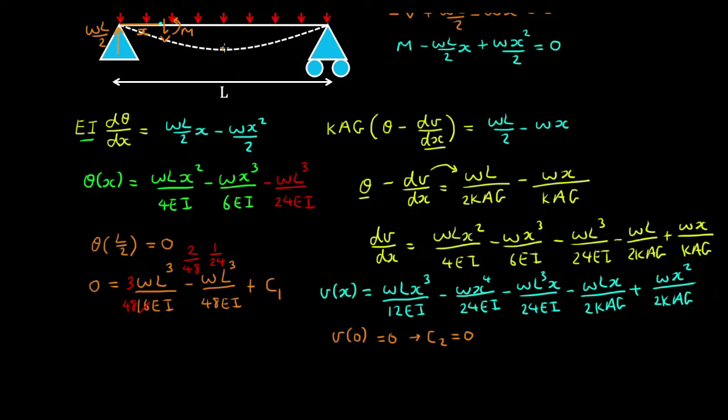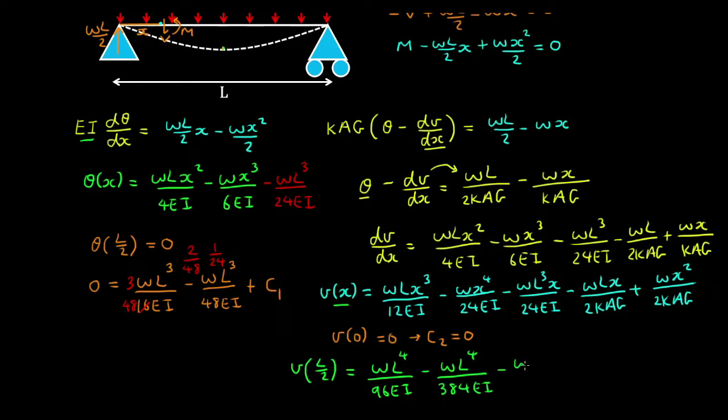And we know the maximum deflection occurs at midspan, so we substitute L on 2 in this equation. So that would be WL by L cubed over 12 by 2 cubed, which is 96 EI, and then minus WL to the 4 on 24 by 16, which is 384 EI.